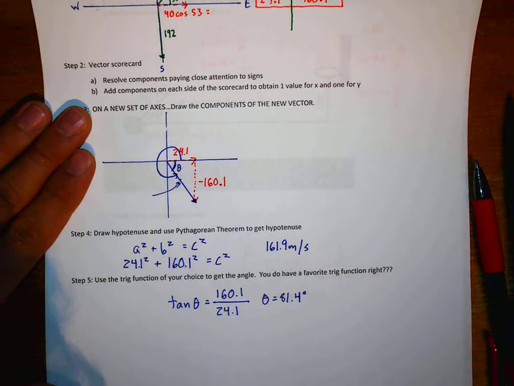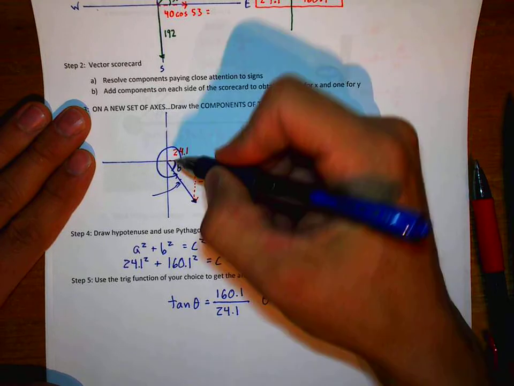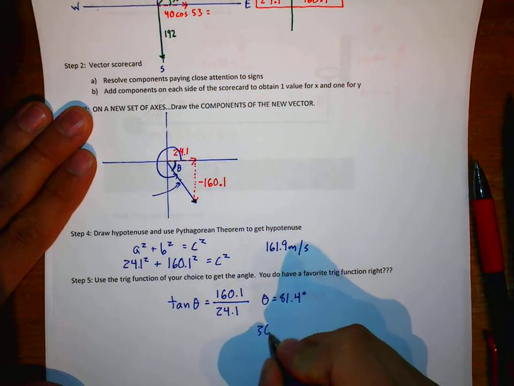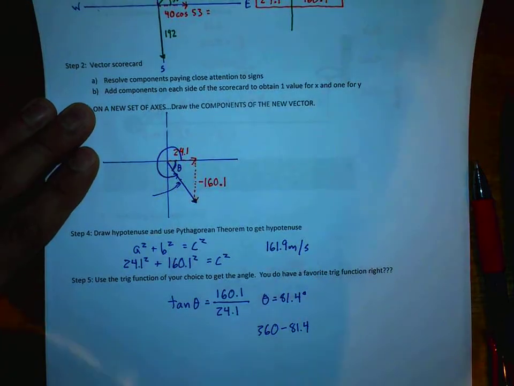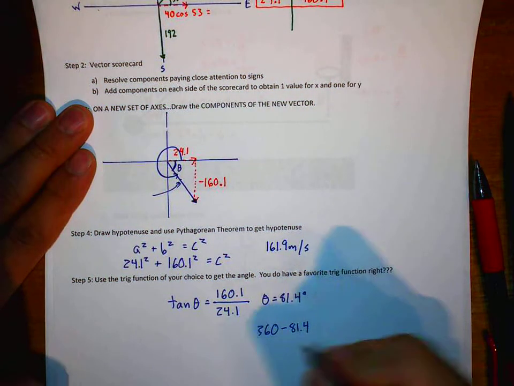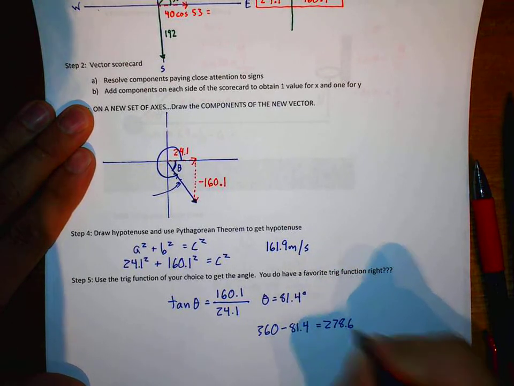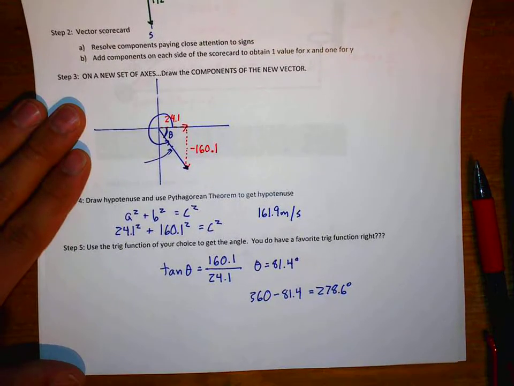Alright, so what I need to do here is subtract from 360, so I'm going to say 360 minus 81.4. And we get 278.6, which would put us in the right quadrant down there, so we're good on that.